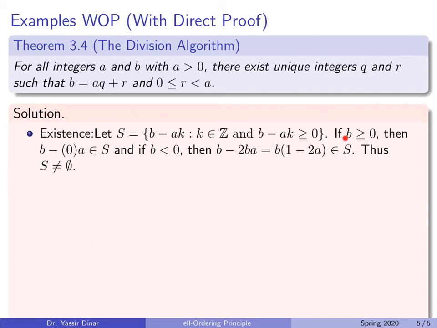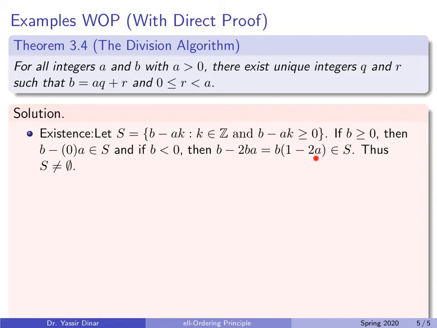Note that if b is greater than or equal to 0, then b minus 0a is a combination, and it's greater than or equal to 0, so it belongs to S. And if b is negative, then b minus 2ba will be equal to b multiplied by 1 minus 2a.